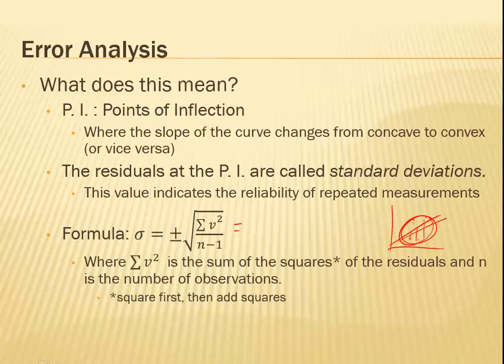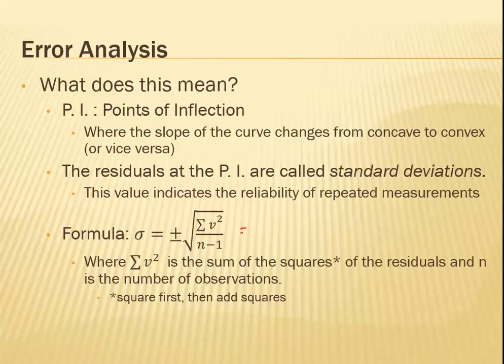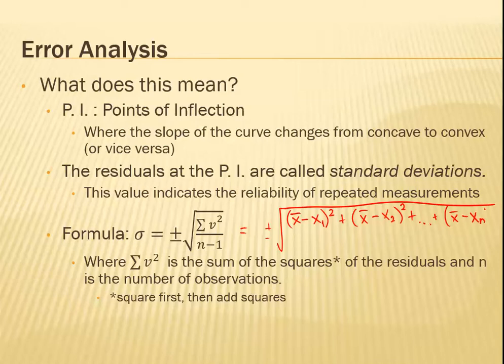So this is equal to plus minus the square root of, this is going to be x bar, meaning my mean, minus x sub 1, the first measurement that I did, squared, plus x bar minus my second measurement squared, plus, you're going to keep doing it all the way up till x sub n, and then you're going to divide that by n minus 1.